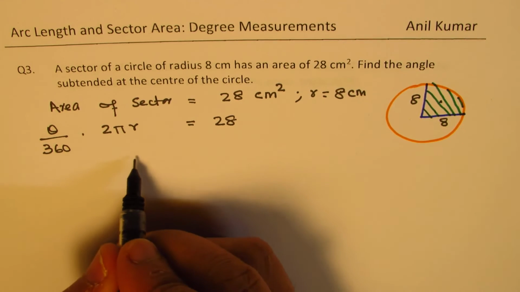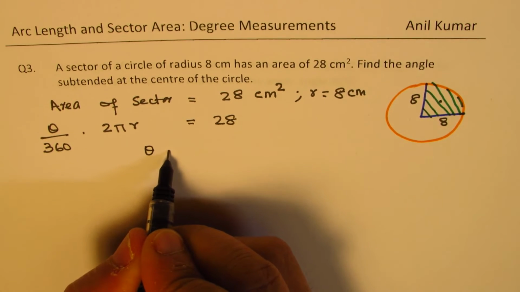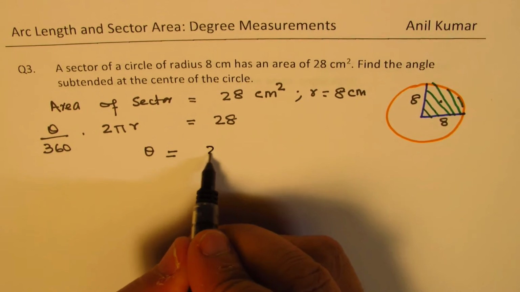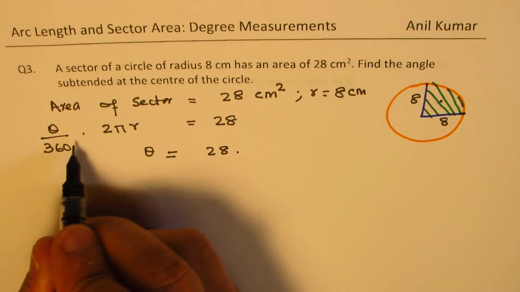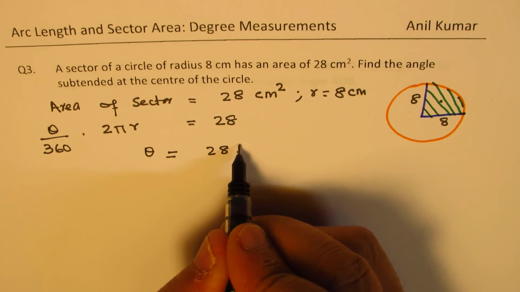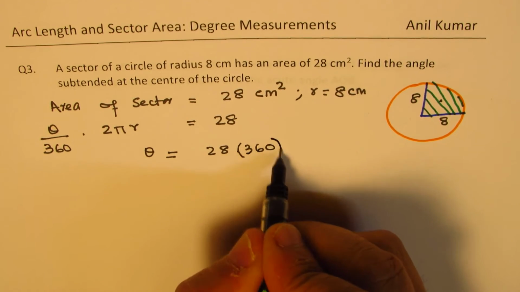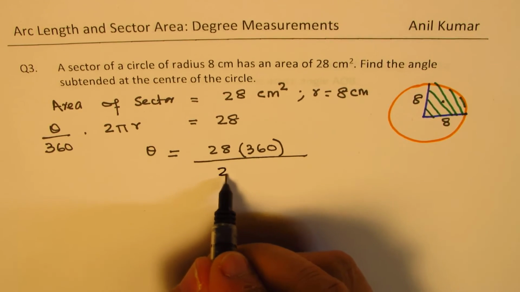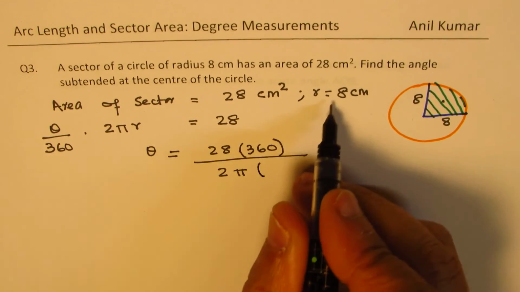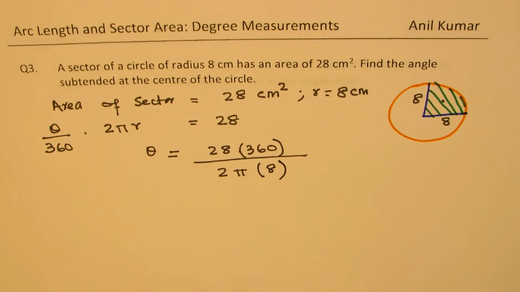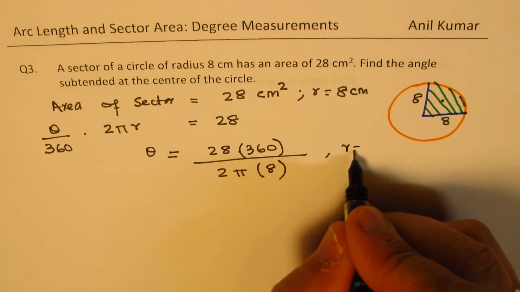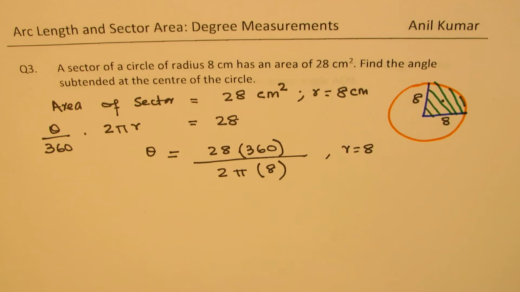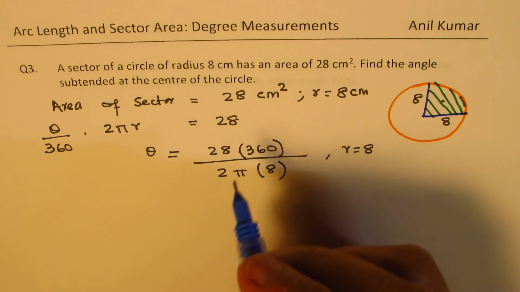So angle theta is equal to 28 times 360, so we'll write within brackets 360, and we're going to divide this by 2 pi r, 2 pi and the radius, which is 8. Is that clear? Since r is equal to 8, we replaced r with 8, right? So that is how we could easily solve this particular question, correct?